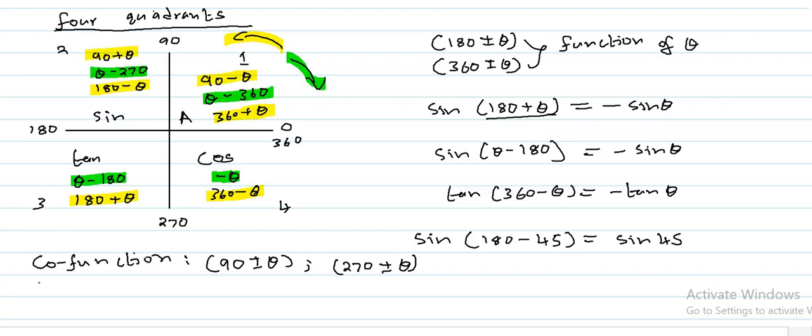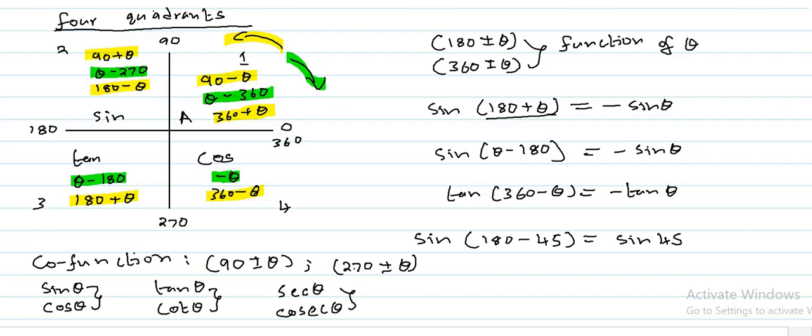What are the cofunctions? The cofunction of the sine of theta is cos theta. The cofunction of tan theta is cot theta. And the cofunction of sec theta is cosec theta. And remember, you still also need to check which quadrant that function is in, positive or negative.